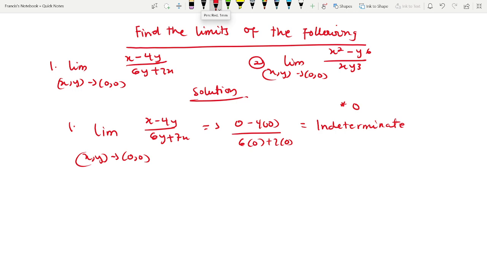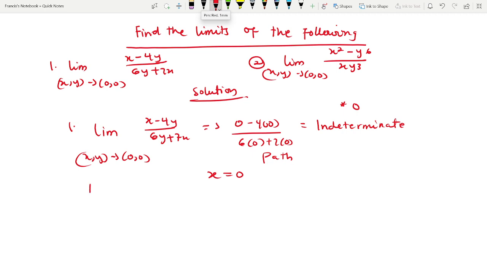So how do we do that? We will assume some paths. That's why I said for a limit to exist, no matter the path you approach the function, you should get the same limit. So let's choose a path, let's say the line x equals 0. Whenever you are choosing paths, you substitute the path into the expression so that you get only one variable, then you find the limit.